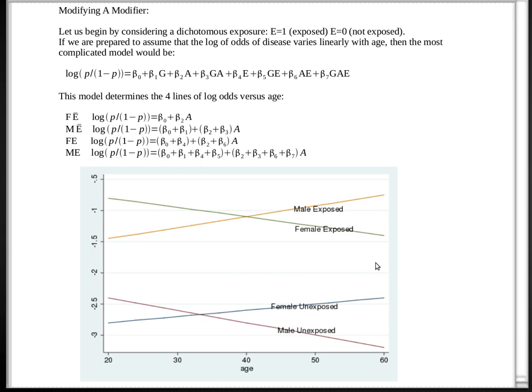What's that saying? Well, that's saying that the odds ratio shows two different patterns, one for the males and one for the females. So what can we see? We can see that age modifies, but the form of the modification is different for the men and the women.